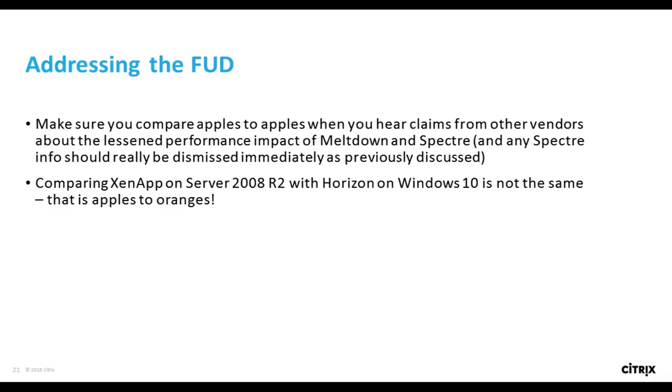And as mentioned before, especially with Spectre, you want to be extremely careful. For example, you don't want to take seriously a comparison of the Zen app on old Server 2008 R2 with Horizon running on Windows 10. That's definitely not the case.